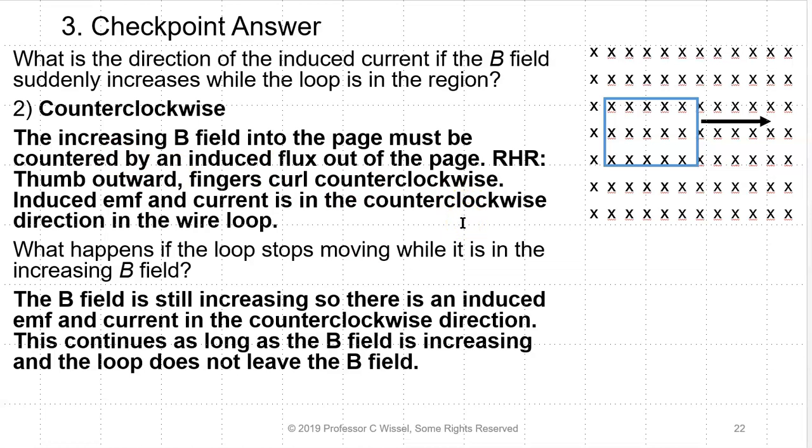Right-hand rule: thumb is outward, fingers curl counterclockwise, so the induced EMF and the current are in the counterclockwise direction in the wire loop. If the loop stops moving while it's in the increasing magnetic field, there's an induced EMF and current in the counterclockwise direction. This will continue as long as the magnetic field is increasing and the loop does not leave the magnetic field. So the answer to these two questions is the same.